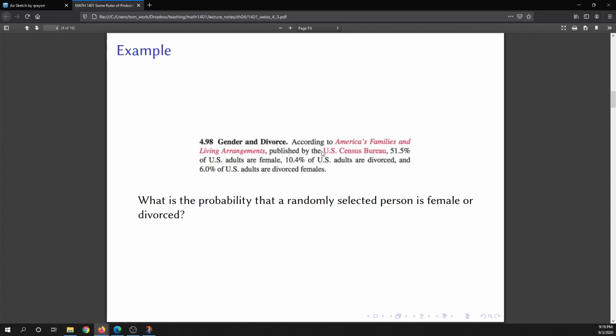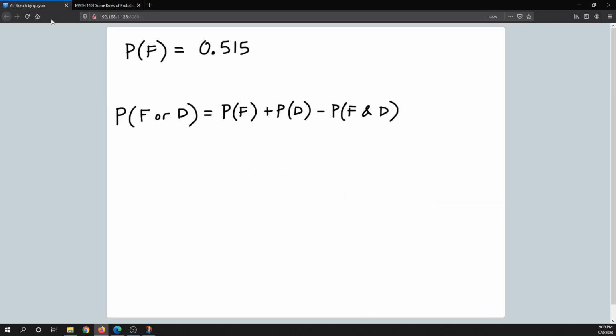So I generally convert those over to decimals, and I almost always report these probabilities as fractions or decimals, unless the problem specifically states that they want percentages.